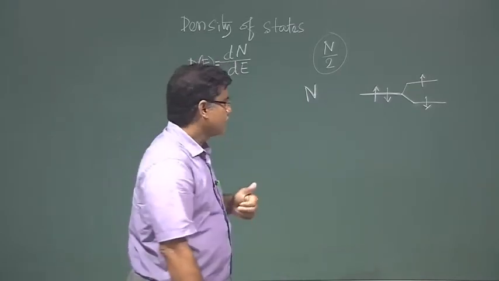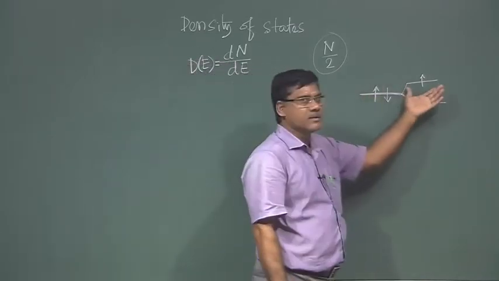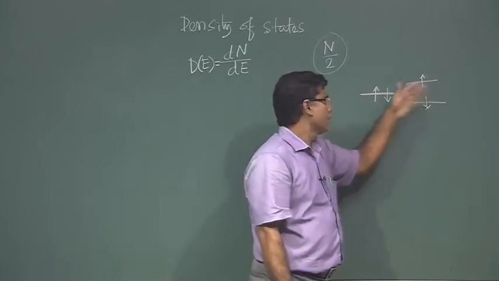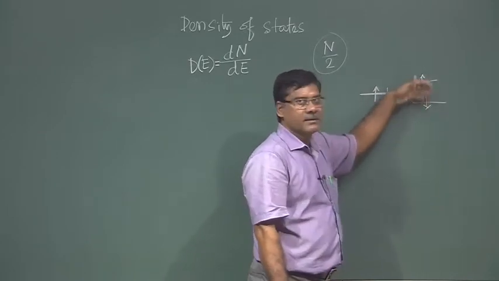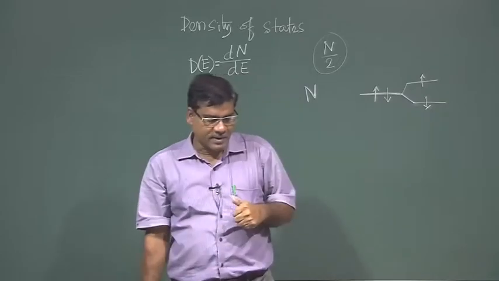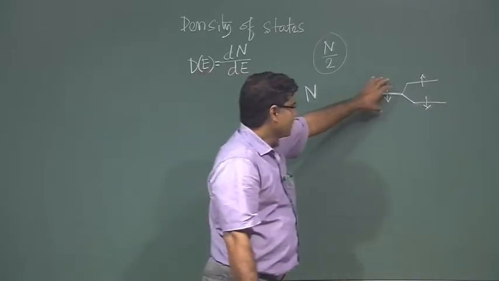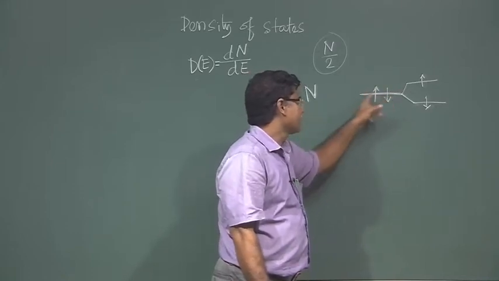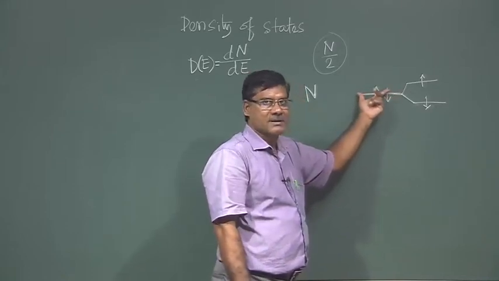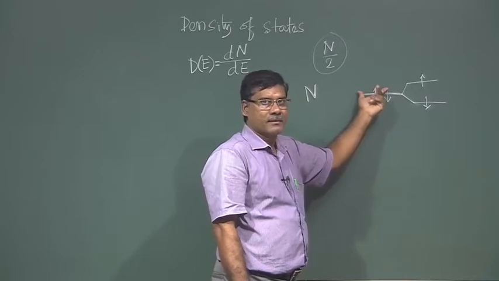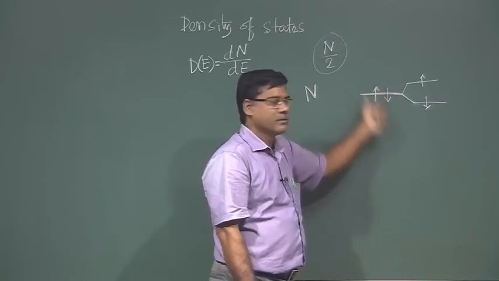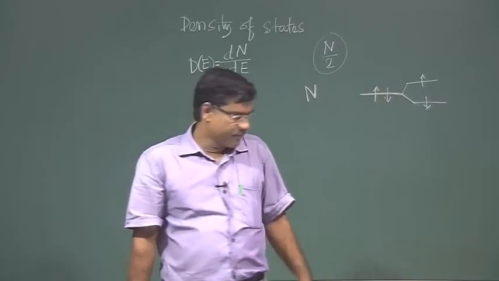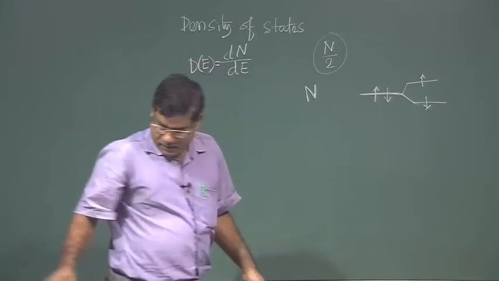Then we say degeneracy is removed. Now we have separate energy and of course separate state, but before we had the same energy with separate states. So, here we are considering 2 orbitals having the same energy and 2 spins of electrons.